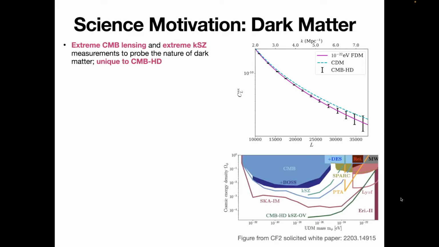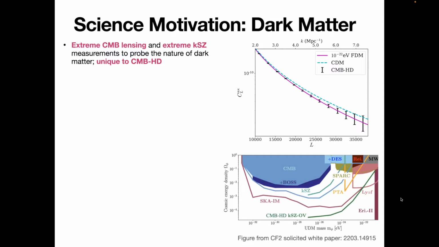One primary motivation of CMB-HD is something that's been called by other people extreme CMB lensing. I like the term. But the idea is basically to make a map of dark matter in the universe. So CMB-HD will survey half the sky and make this map of dark matter on small scales.